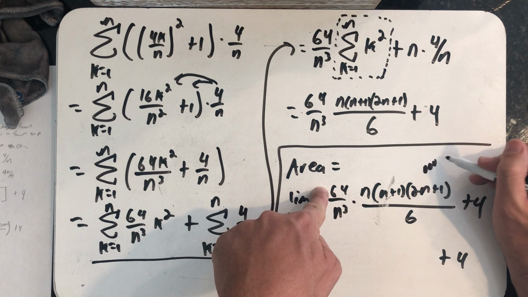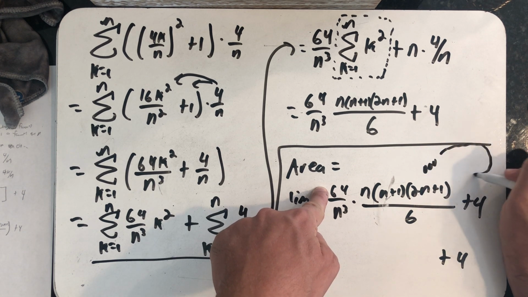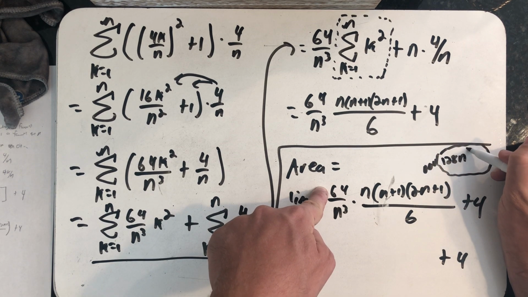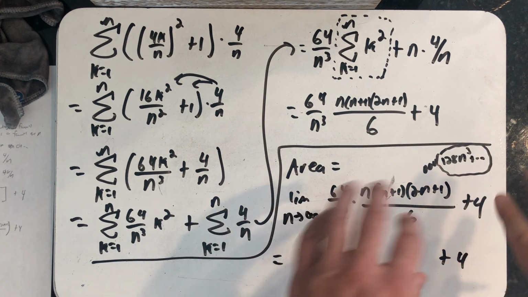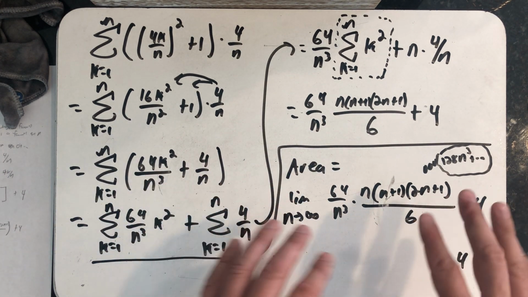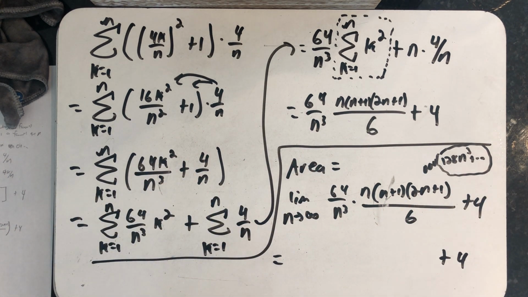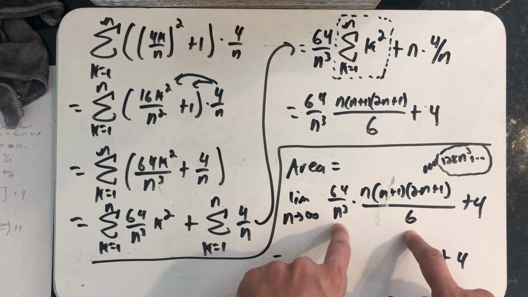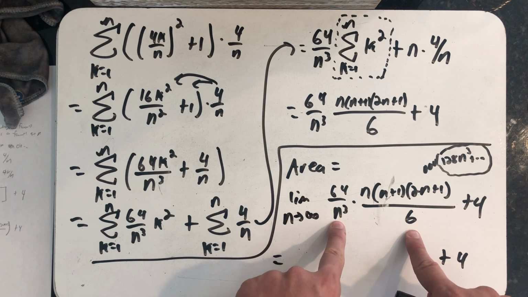The highest term on top when I multiply it all out would be 128n cubed, because if I know the degree of the top and the bottom in a rational function, I'll know how to take this limit. On the bottom, again, the degree is 3, and that's 6n cubed.